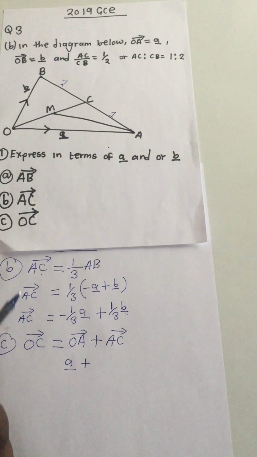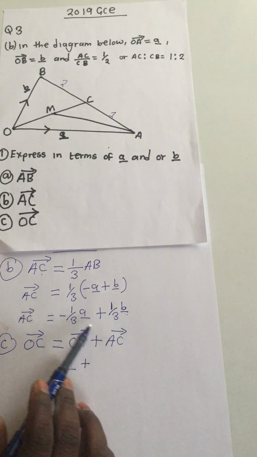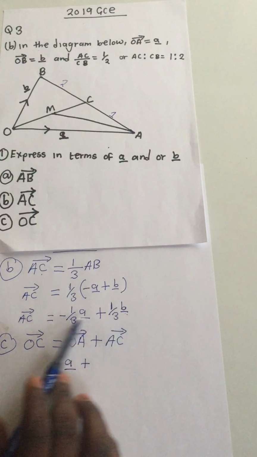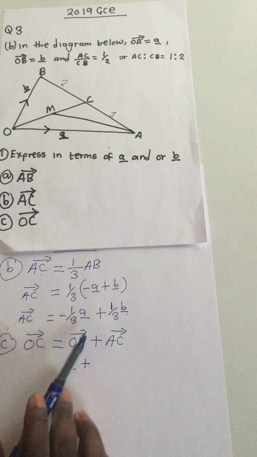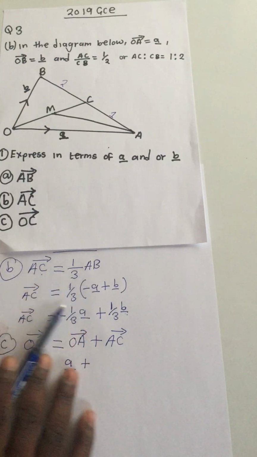Have you seen? So when it comes to vectors, the answers help each other. The answer you get at A will help you to find B. The answer you have at B will help you to find C. So have you seen here? AC, we have found it. Now imagine if you failed B, then it means even this you have failed. If you have failed A, you can't even answer anything.